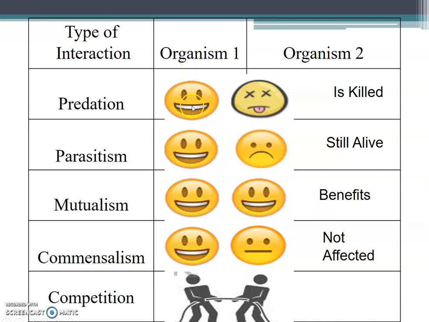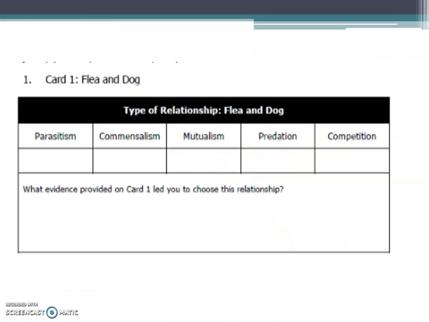But in almost all of them, one of them benefits. In predation, one's killed. Parasitism, one's harmed, but it's still alive. Mutualism, they both benefit, and in commensalism the other one is not affected. Just a different way to look at it.